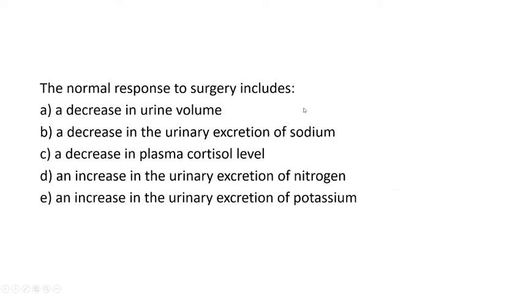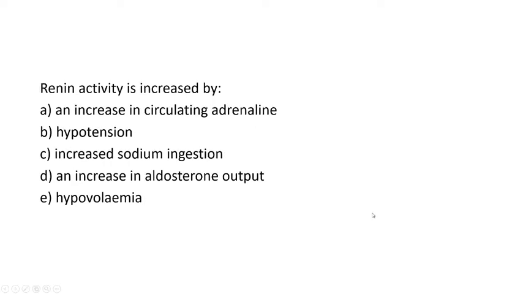So normal response to surgery includes a decrease in urine volume, decrease in excretion of sodium, decrease in cortisol level, increase in excretion of nitrogen, increase in excretion of potassium. So the answer here is true, true, false, true, true. And then there's just one last one on renin activity.